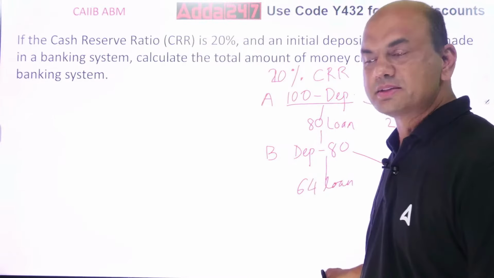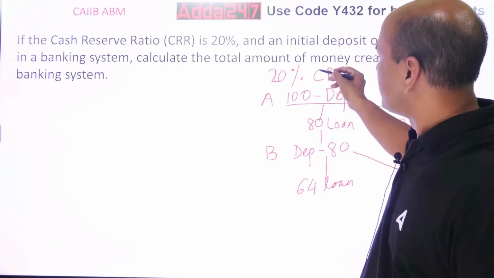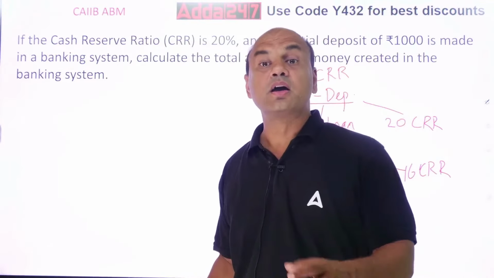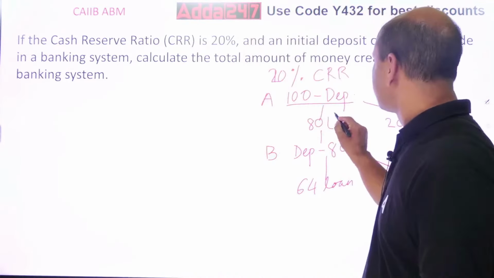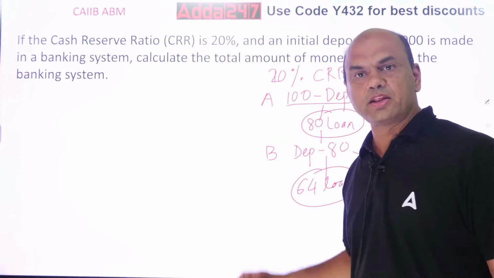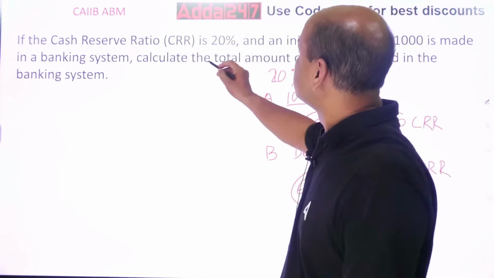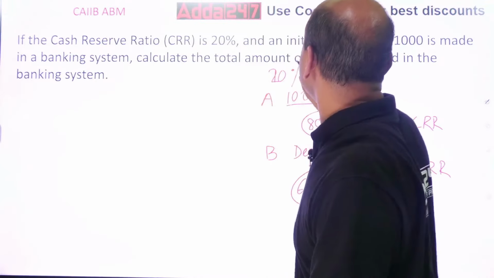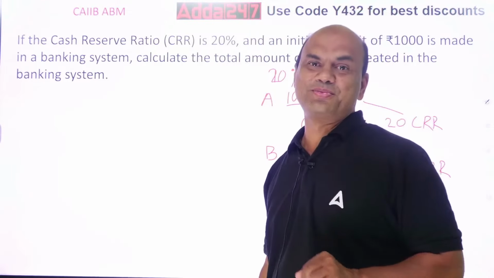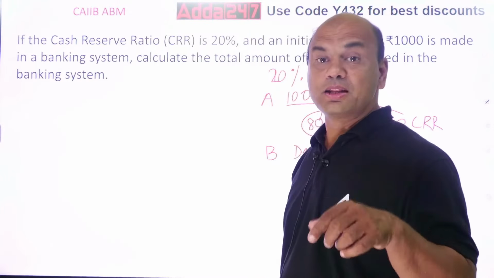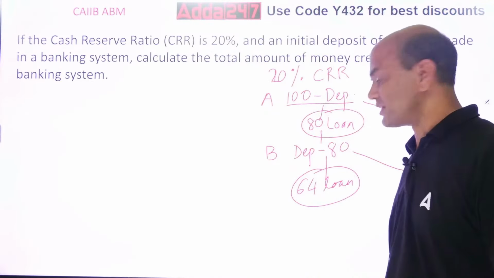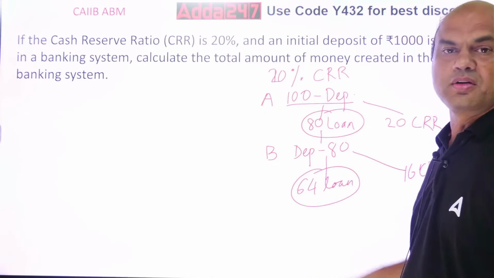Again this goes to bank C. So it will go down from 100 to 80 to 64 to lesser. What is required is to calculate the total amount of money created in the banking system because of this 20% CRR.